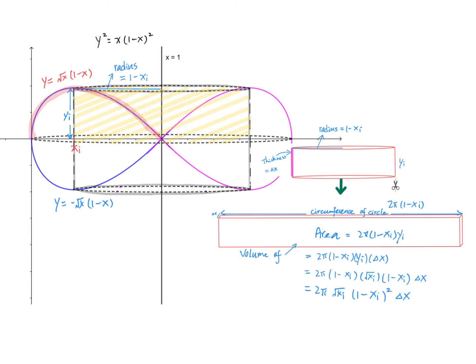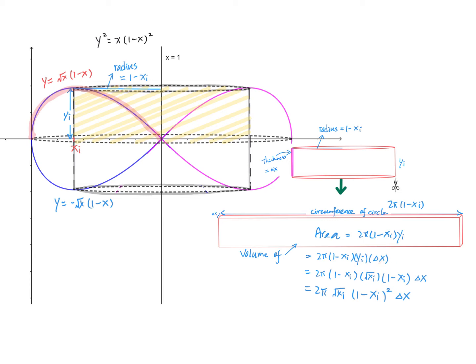Now we have everything to calculate the volume of this rectangular prism, which is actually the volume of this half cylinder. It equals the area, 2 pi times (1 - xi) times yi, times the thickness, delta x.